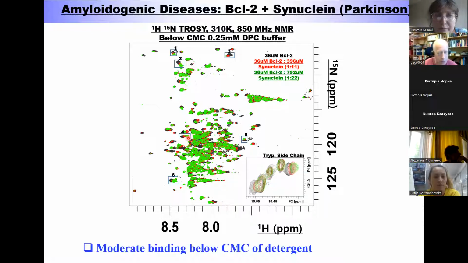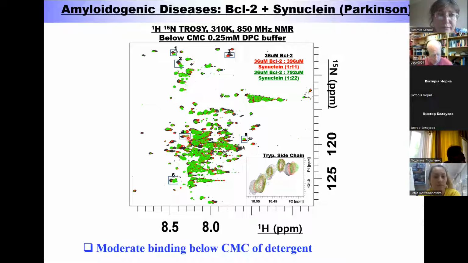What it means we still have to figure out. At least we have two examples from these amyloidogenic diseases where BCL2 is interacting with them, which supports hypotheses that BCL2 might be a key factor in these diseases by getting neutralized, so the apoptotic proteins can kill all these nice neuronal cells.